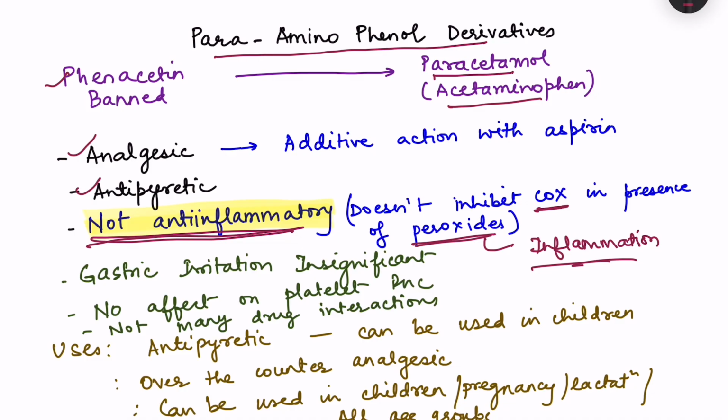First of all, gastric irritation is insignificant, no effect on platelet function, not many drug interactions. So it is a very commonly used drug. In fact, it is an over-the-counter drug used as analgesic and antipyretic. Also, it can be used in children, pregnancy, lactation and in all age groups. So very commonly used drug.